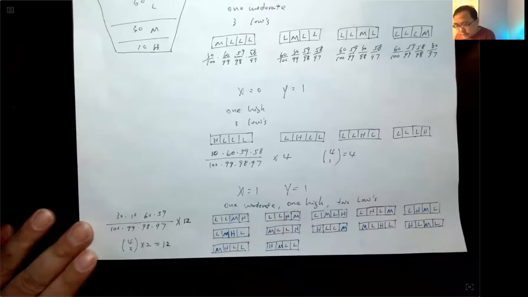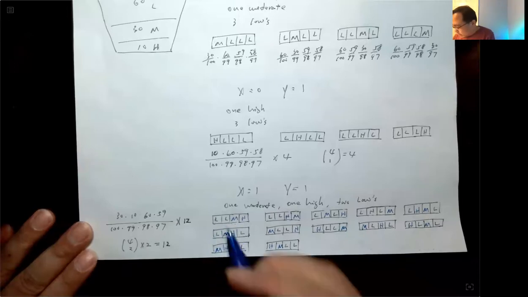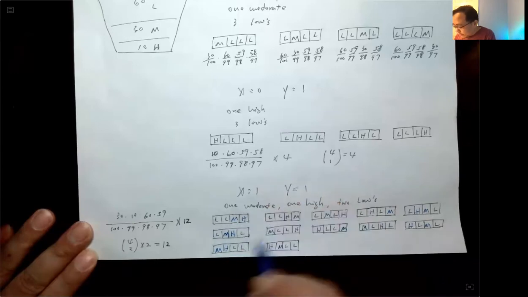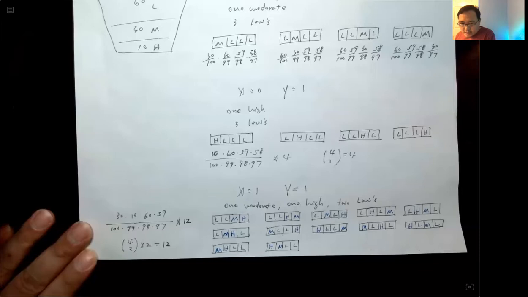That's four locations, choose two, right? Four choose two, I can place LL. But after four choose two to place LL, how many ways can I put M and H into the remaining locations? We can always do M, H or H, M.